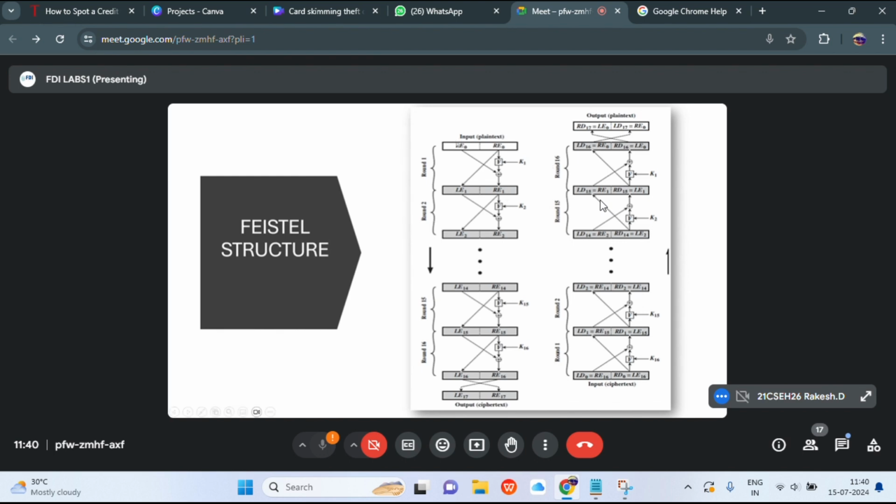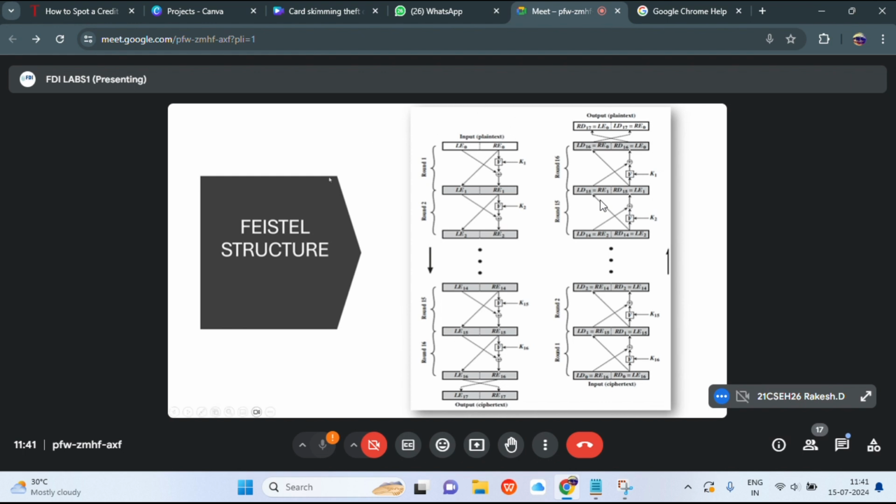See here, the input will be 64 bits. As this is a block cipher, it takes input in blocks. It takes 64 bits and splits it into the left side 32 bits and the right side 32 bits.